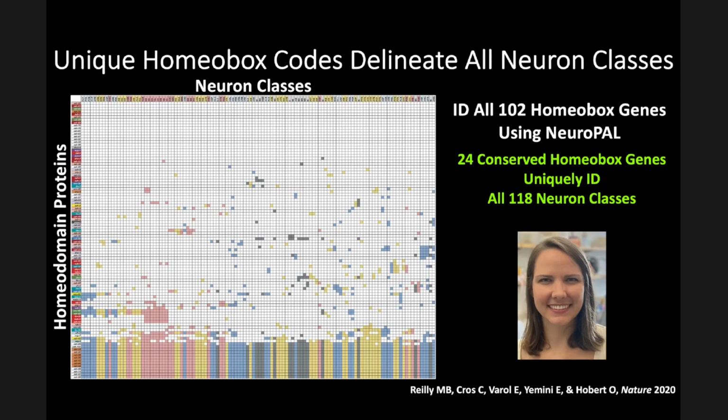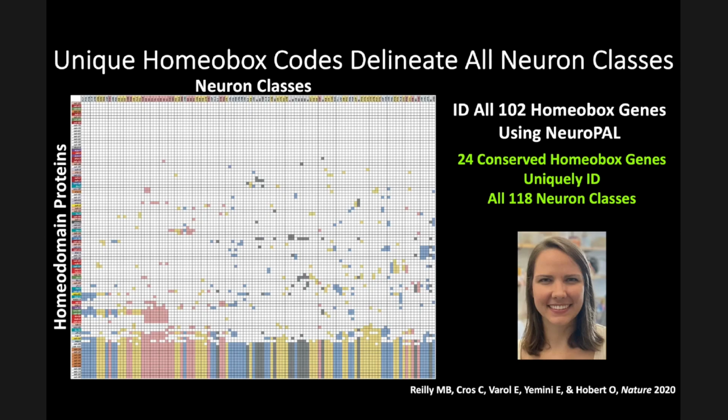She found that 24 conserved homeobox genes, so 24 homeobox genes that are present in worms and in human beings, uniquely identify all 118 neuron classes. I should say this first: in other animals where people have looked, so not our work, in flies and in mice, the scientific community found a similar situation in which the homeobox genes are the family of transcription factors that best discriminates different neuron types.